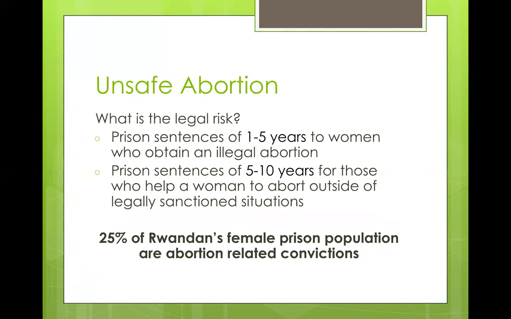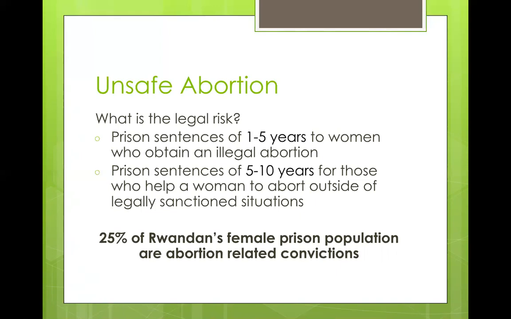Not only is unsafe abortion a risk for women physically, and it is the fourth leading cause of maternal death in the country behind pregnancy-related conditions like preeclampsia, it also is a legal issue.